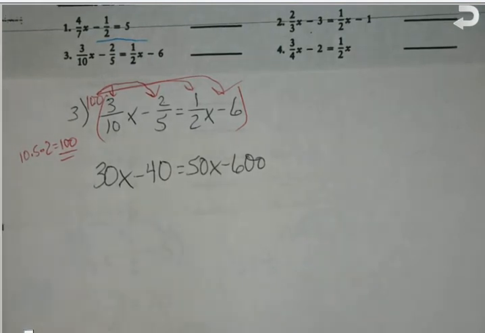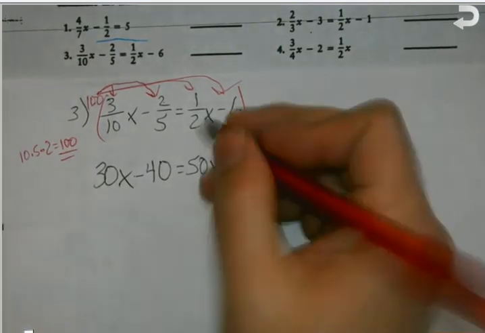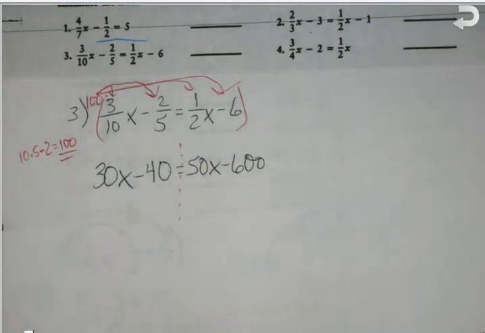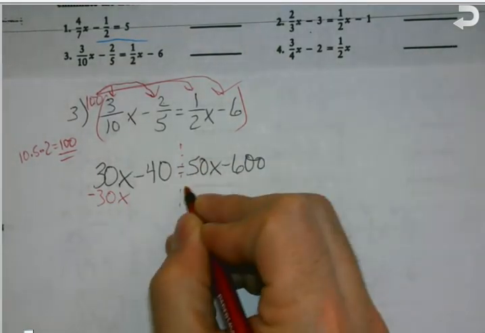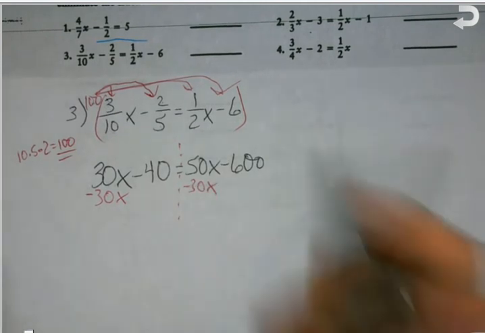Here, I have x's on both sides of my equals. So I have to do an opposite to get them together. So minus the 30 would work. If some of you chose to minus the 50, that would work okay, too.